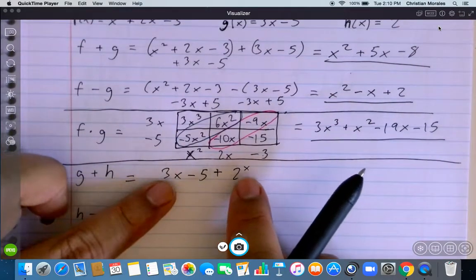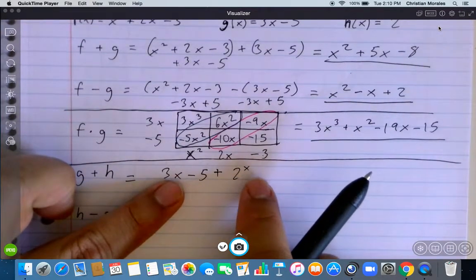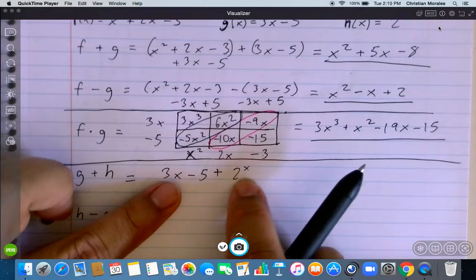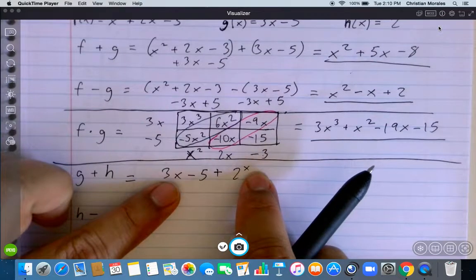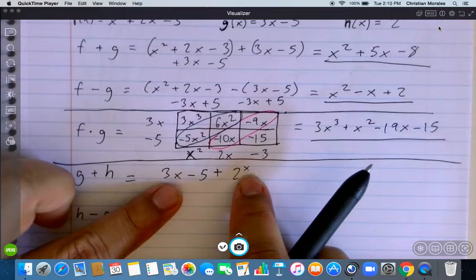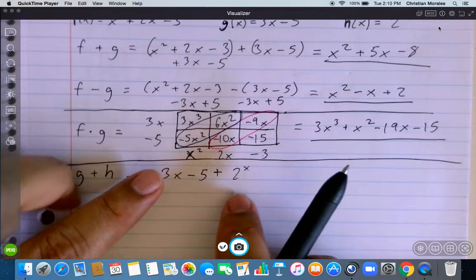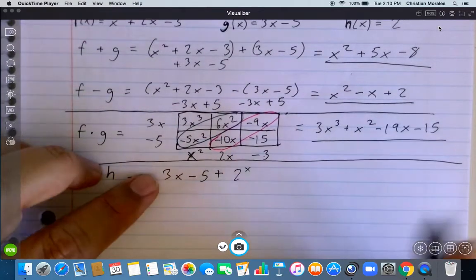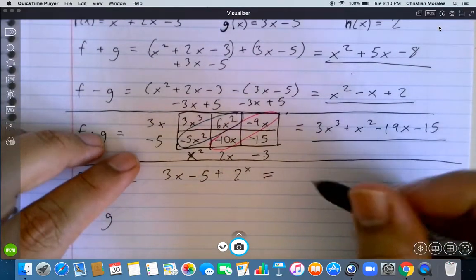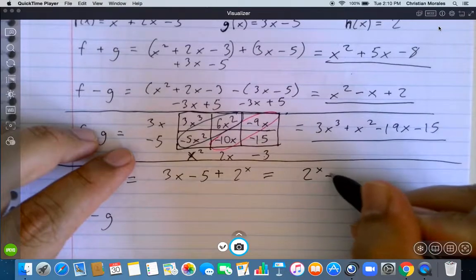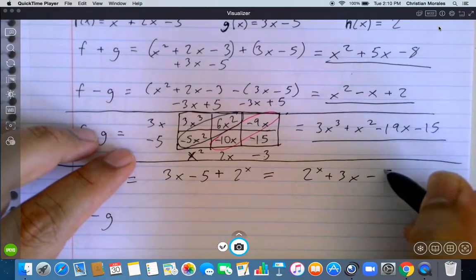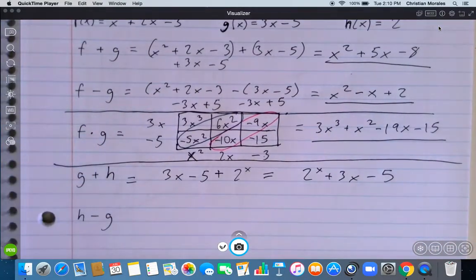Well, these are not like terms. I know they both have x's, but this is not a 2x. This is 2 to the x power. It cannot add to anything else like this unless there's another 2 to the x power. So guys, there's nothing to combine. Your answer should be this. That's it. That's the answer.